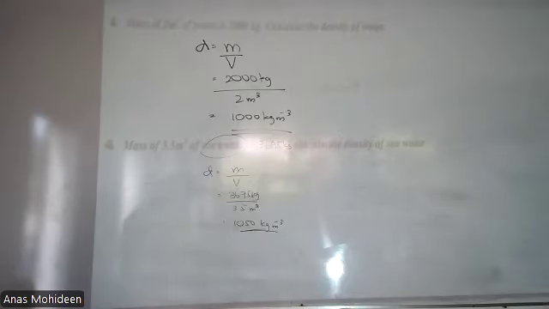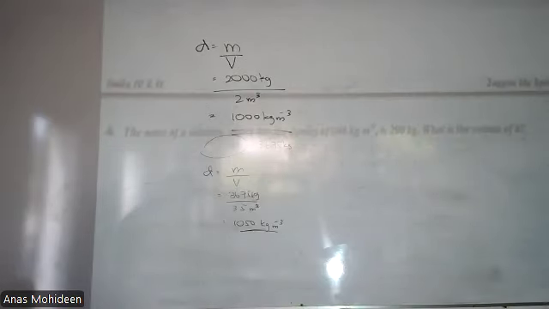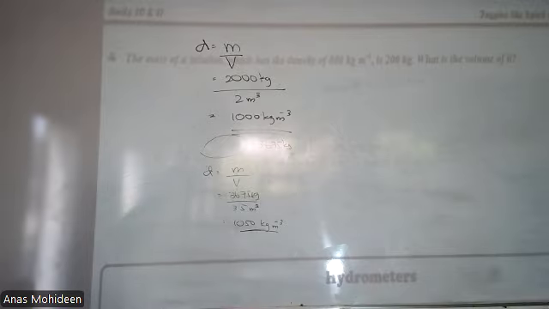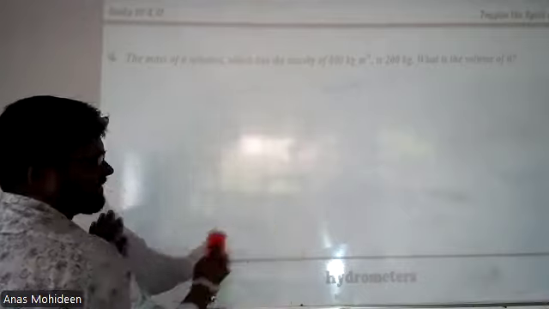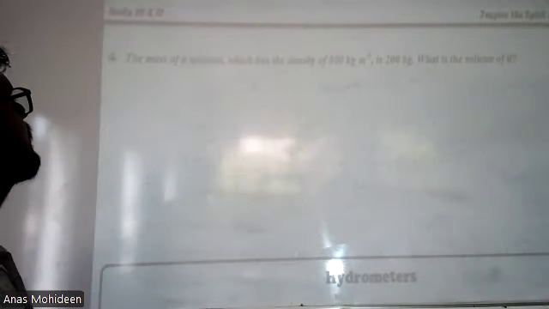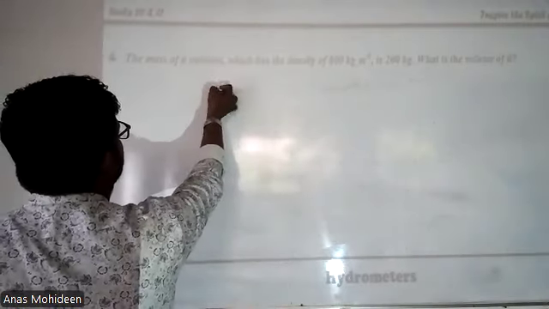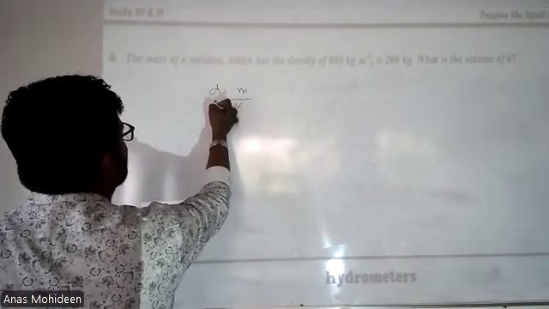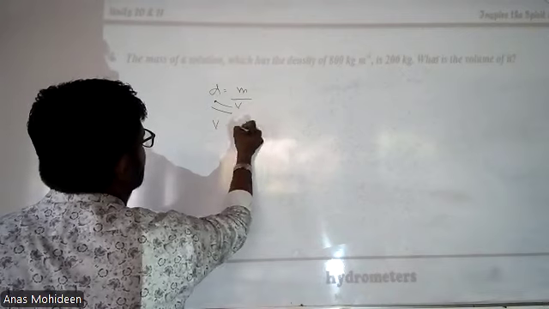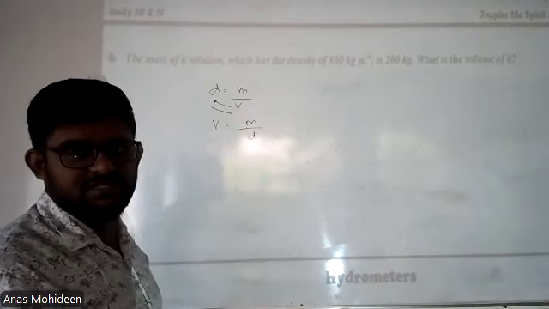What about the next one? What is the volume? Density equals mass over volume. So volume should be taken here, and density should be sent down, right? Mass over density, correct? You have to subject it properly.